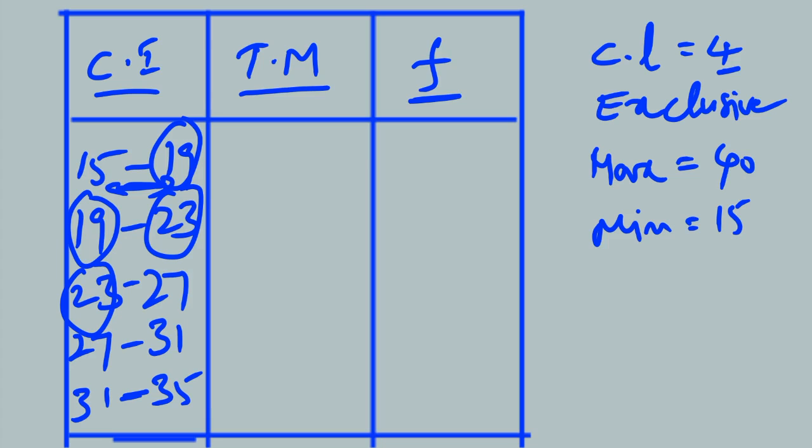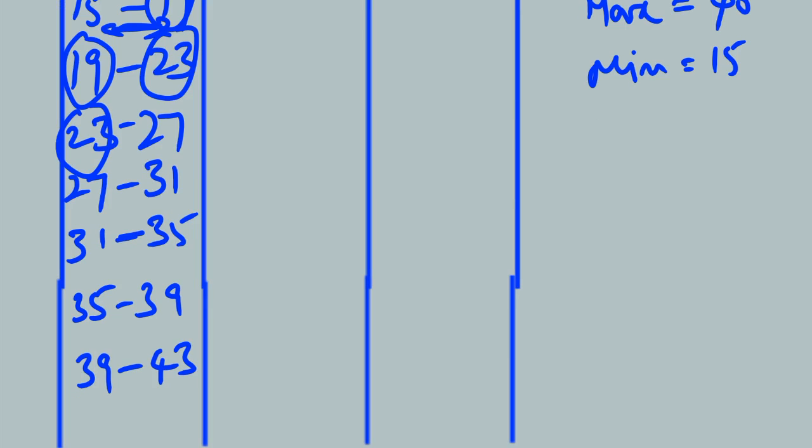After constructing the class intervals, we have to check whether the maximum and minimum values are both covered. Sorry, we have to write more class intervals: 31 to 35, 35 to 39, 39 to 43.